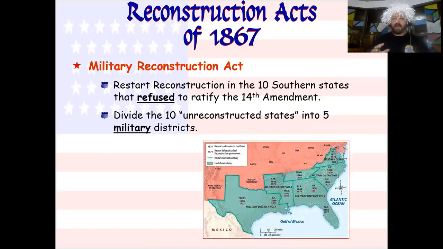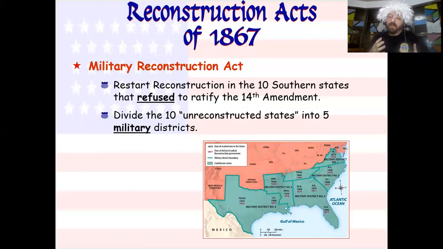Okay, and so you can kind of see this here. Texas and Louisiana were a district, Arkansas and Mississippi were one, Tennessee was its own, Florida, Georgia, and Alabama were one, the 2 Carolinas were a district, and then Virginia was its own district.